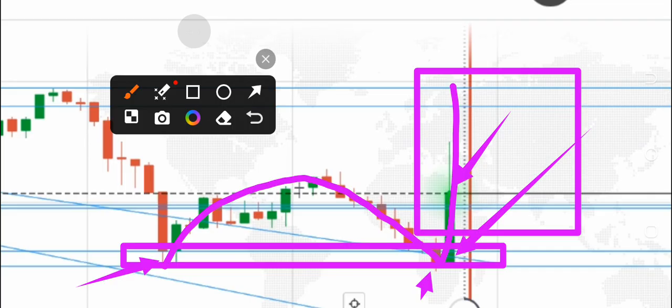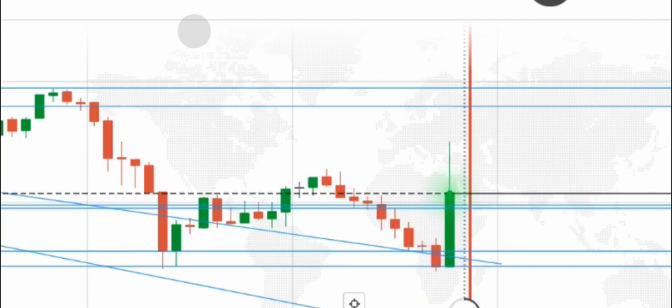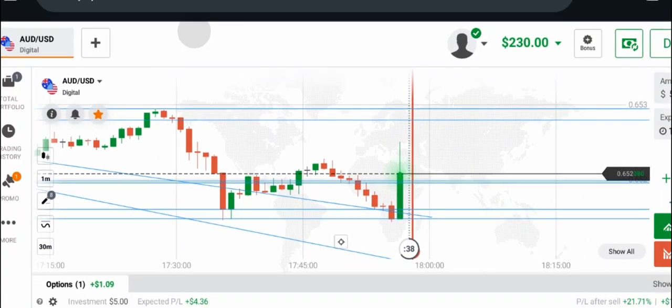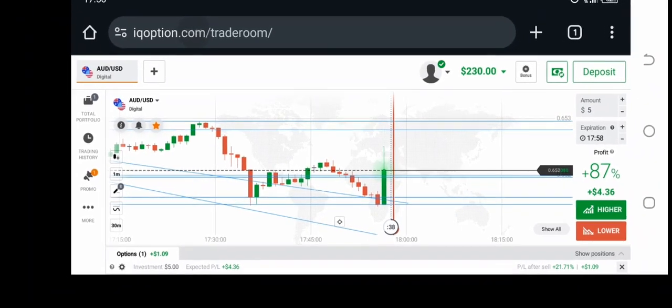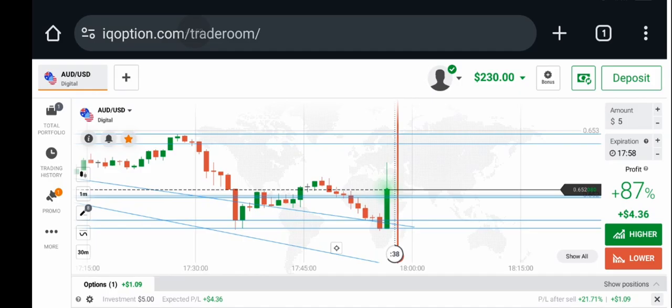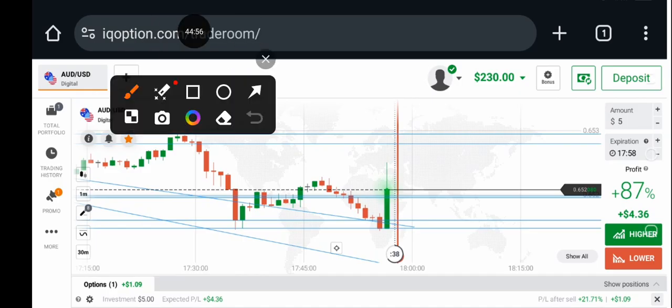Okay, so I didn't actually look out for a reversal candlestick here because the market usually gets to an exhaustion phase sometimes, because previously we had something like a channel. If you remember, this was our channel.